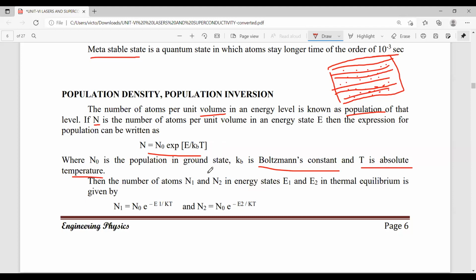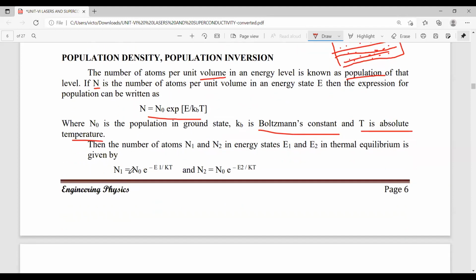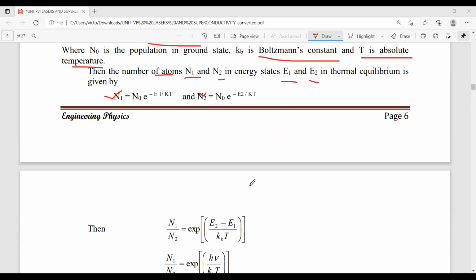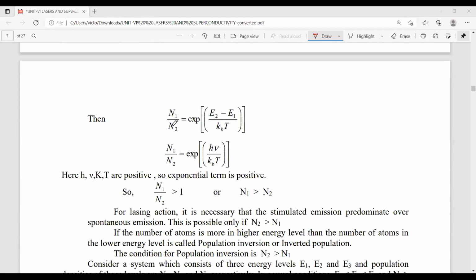Now this generalized expression we take for N1 and N2. Here N1 and N2 are the atoms present in energy levels E1 and E2. So N1 is equal to N naught e power minus E1 by kT, where 1 is in suffix, and N2 is equal to N naught e power minus E2 by kB T. We also did this in a previous slide.